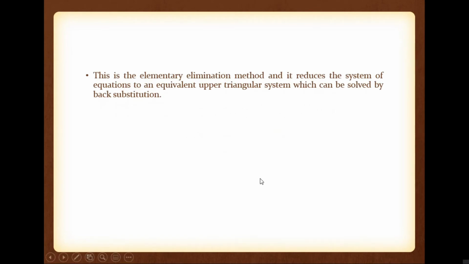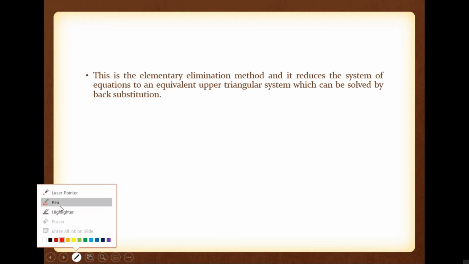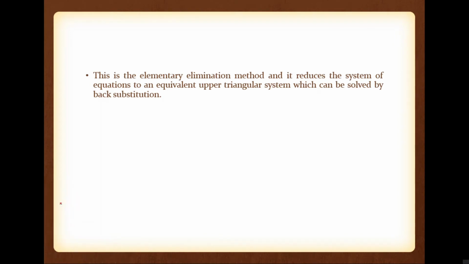Okay, so please note, this one is a very basic type of direct method that is used to solve the linear system. It is also known as the elementary method because it is using element by element elimination. So it is also known as the elementary elimination method. After eliminating some elements from the system, through back substitution we can find the value of each variable.